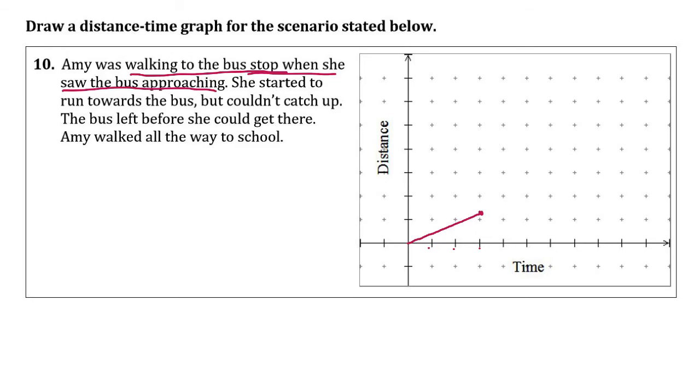But as soon as she saw the bus, well, then she took off running. So I would say her rate of change did speed up. But once she saw that the bus was going, then she returned back to her walking pace, which should be close to the original slope we drew. So hopefully you have something similar to this.